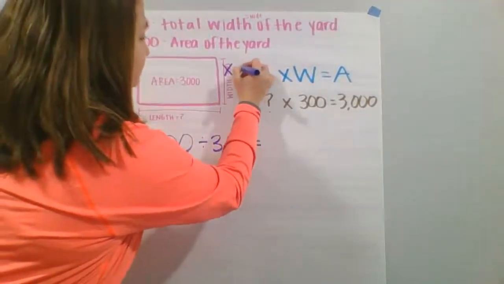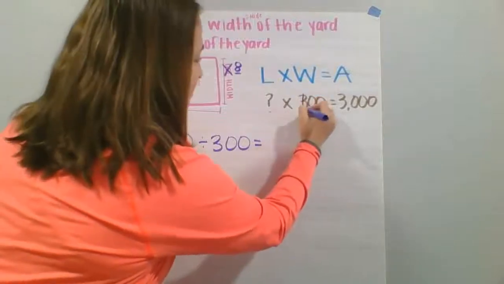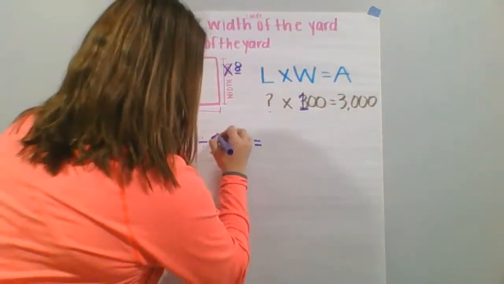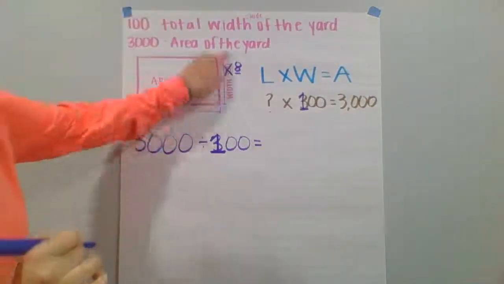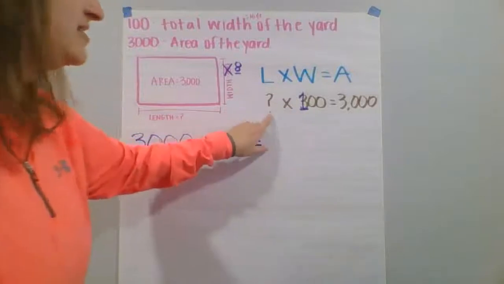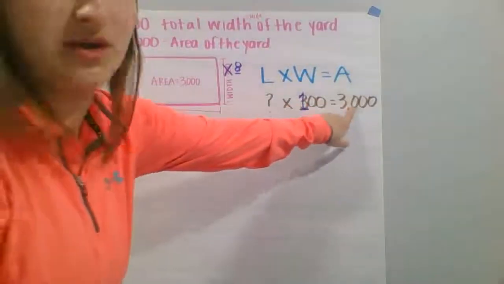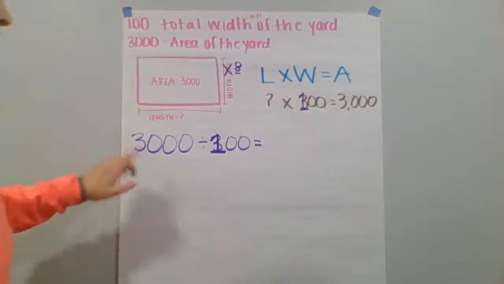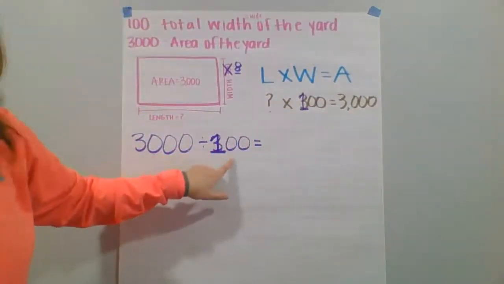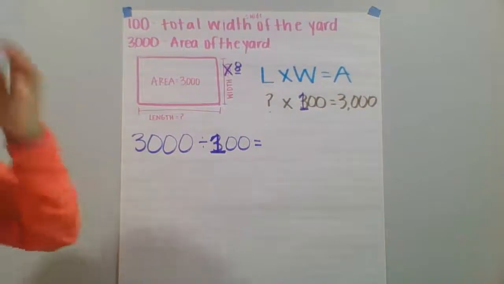This is 100. So our width is 100, not 300. So we're taking something times 100, which equals 3,000. So we turn that around and do 3,000 divided by 100 to figure this out.